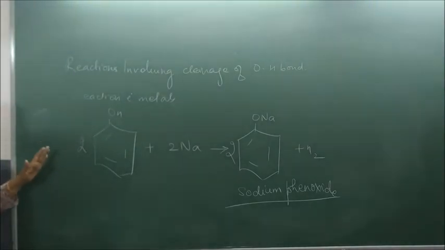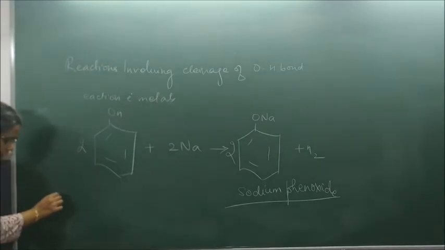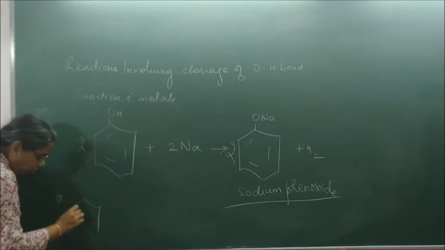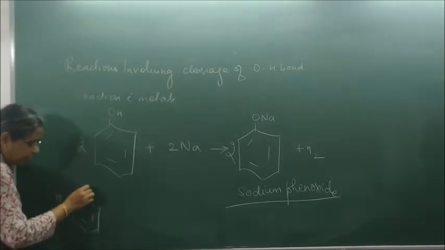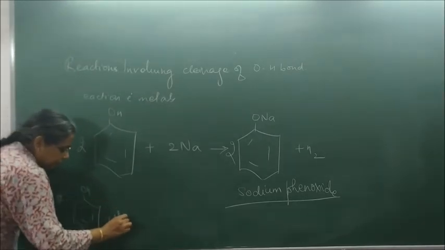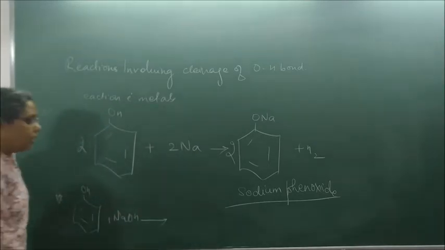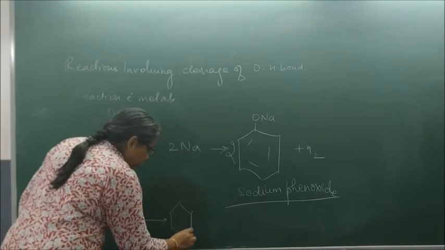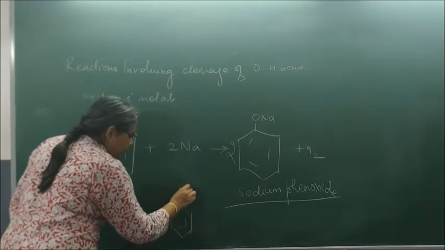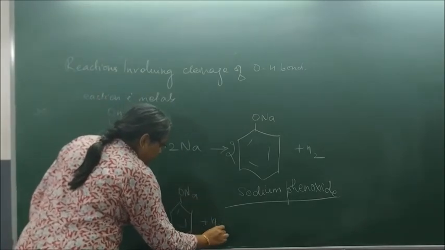Okay, this was the reaction with metal. You can put a small star and write that phenol also reacts with NaOH. NaOH is a base or an alkali. It reacts with NaOH to form sodium phenoxide and water.